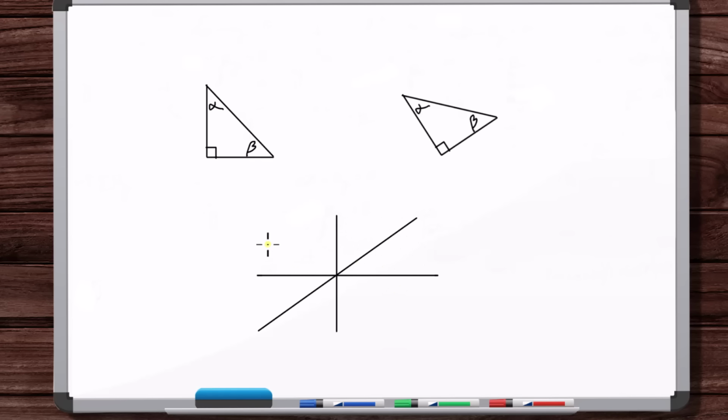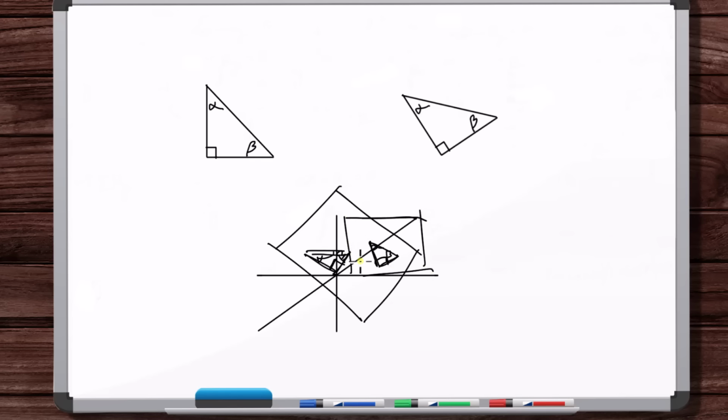Here's a plane, so you could have the triangle start off like that. There's beta, there's alpha, and you could reorient it like this. So maybe we started in this plane, and then we've kind of spun it into the page a little bit, and we haven't changed the triangle, though.